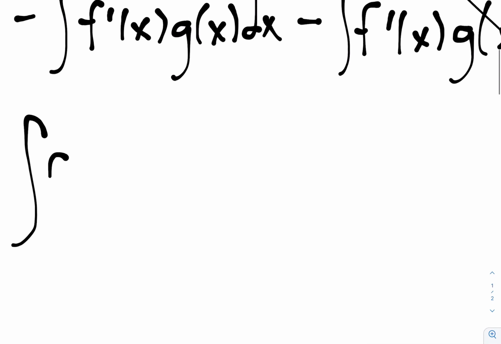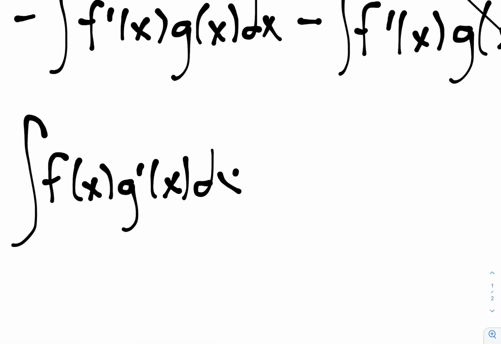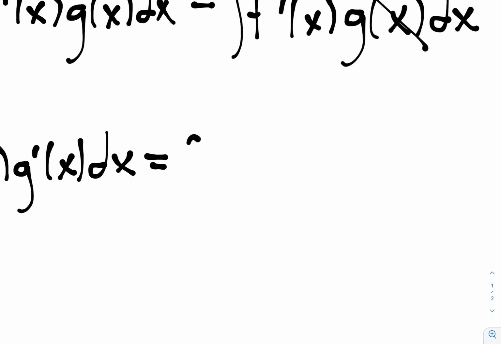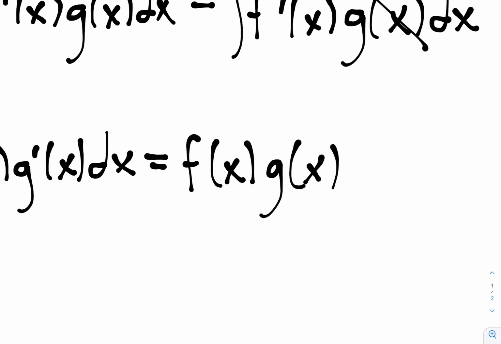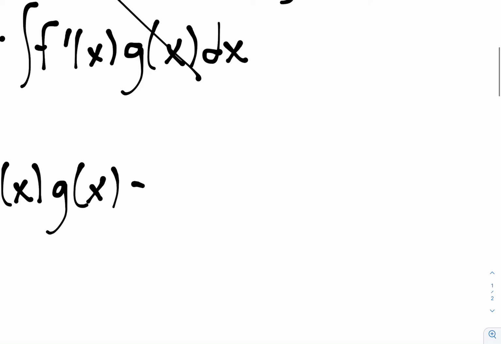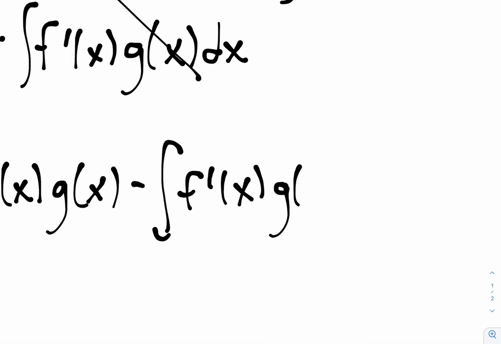So the integral of f of x times g prime of x dx is going to equal the two functions originally multiplying together, f of x times g of x, minus the integral of f prime of x g of x dx.